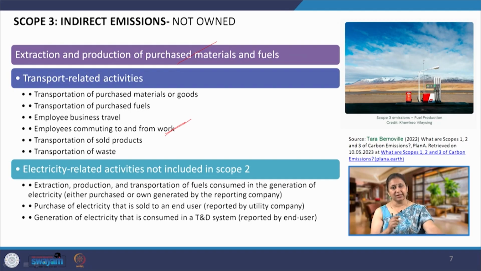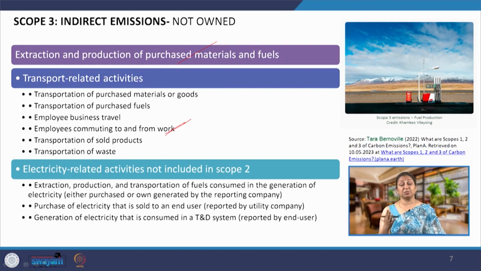In that case, neither is it direct emission because I do not own that fleet, nor is it indirect emission because I do not have an EV or anything like that. Where does it go? It is still part of my broader boundary, part of my value chain. The direct emissions resulting from that third party will accrue under my scope 3 indirect emissions. That is what we are talking about.